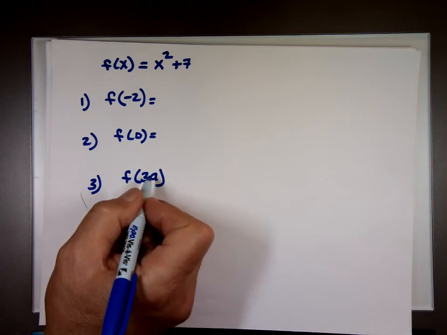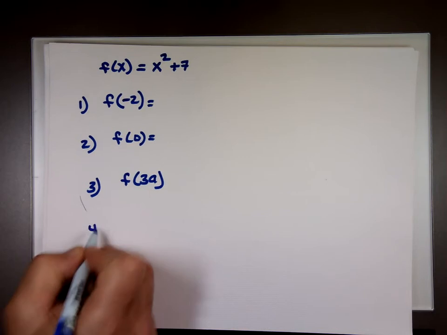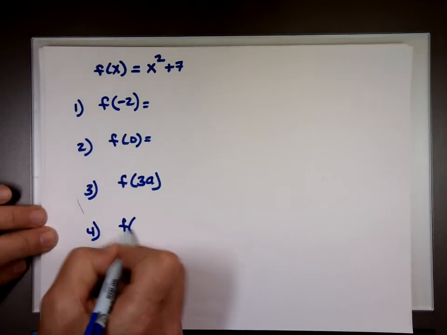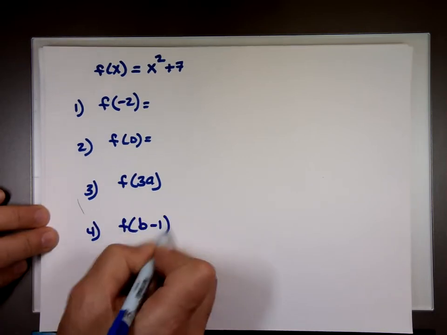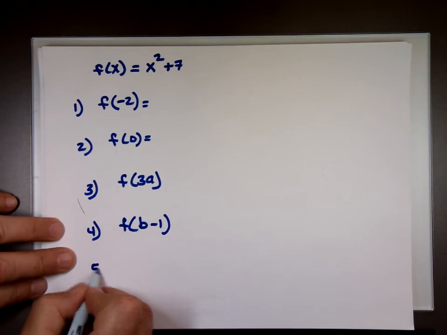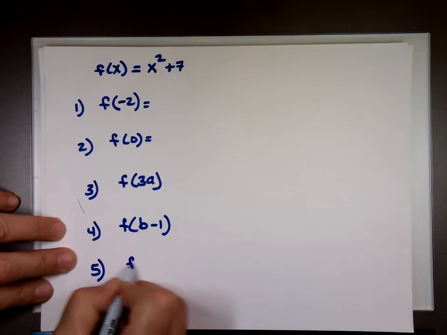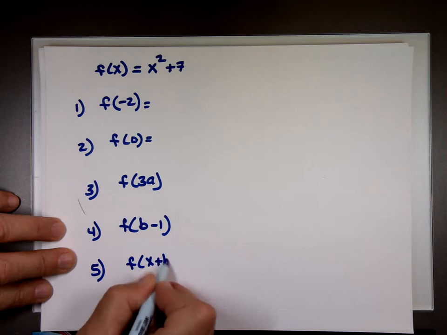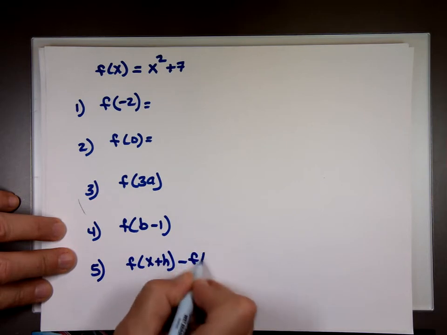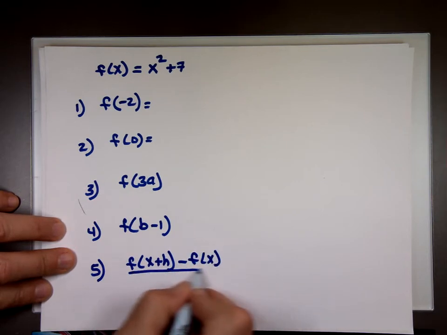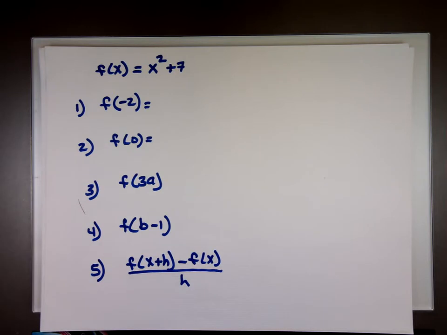Question number 4, what is f of b minus 1? And while I'm having fun, question number 5, what is f of x plus h minus f of x, divided by h? So these are my questions.